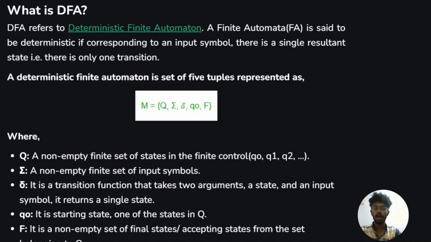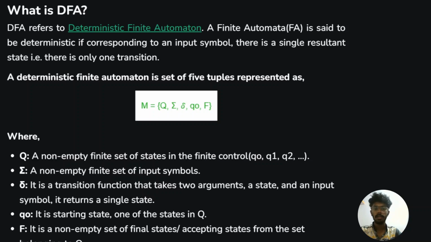A deterministic finite automaton is a set of five tuples. Q is a non-empty finite set of states in the finite control. Sigma is a non-empty finite set of input symbols.